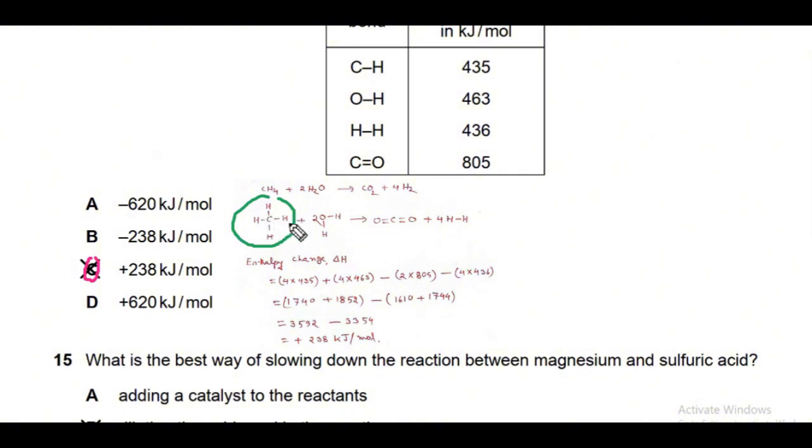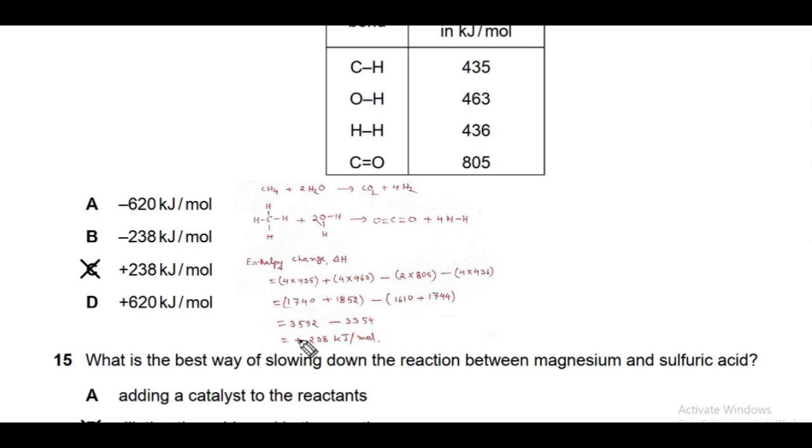In methane there are 4 carbon-hydrogen bonds, so 4 times 435 is given here, plus 2 moles of water, 1 O-H bond times 2, that is 4 times 463, minus products: carbon dioxide, carbon-oxygen double bond 1, carbon-oxygen double bond 1, 2 times 805, minus hydrogen, 1 bond times 4, that is 4 times 436.